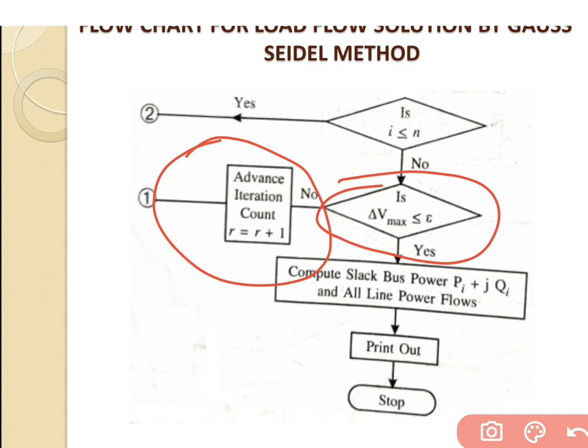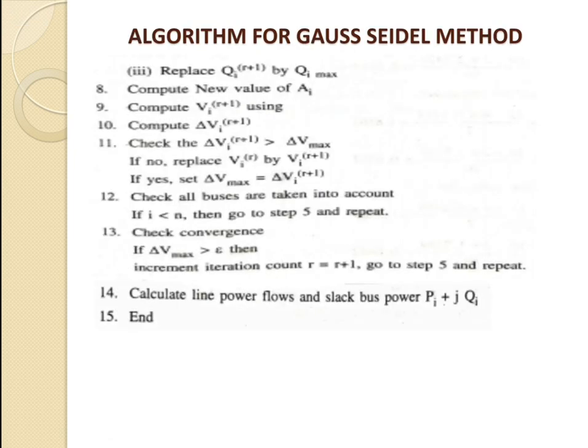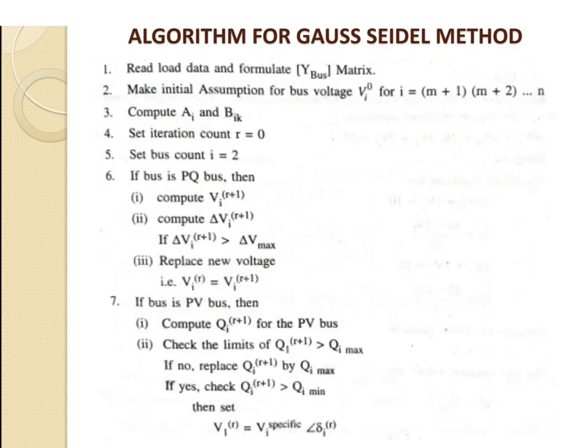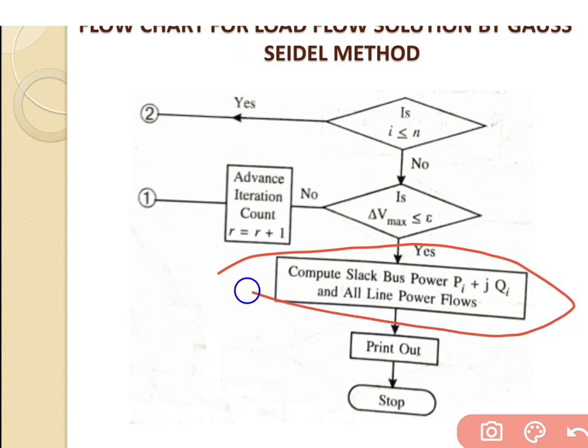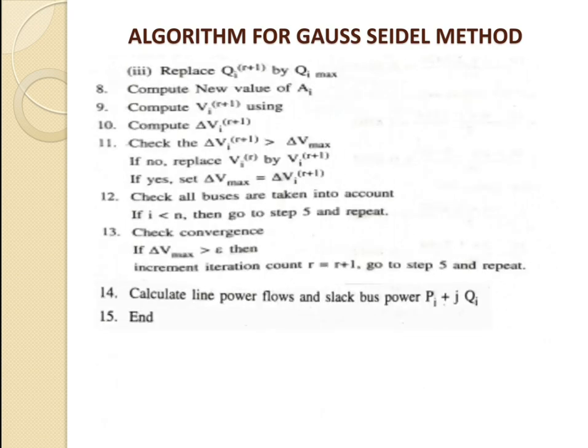And if the condition is true, then we will go for the next step, that is to calculate the line power flows and the slack bus power, given by Pi plus JQI. So we compute the slack bus power and all the line power flows, print out the data, and finally go to the final step, that is the end.